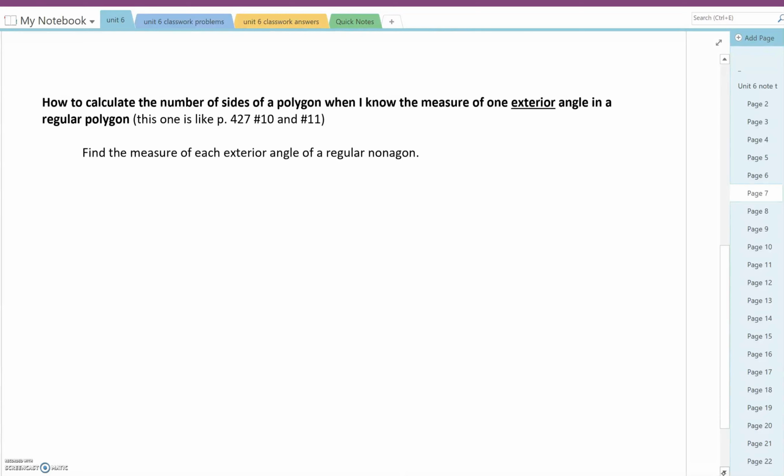Last one. Find the measure of each exterior angle of a regular nonagon. So there's three terms there that are key to solving this problem. First one, nonagon. That just means a 9-sided polygon. So let me try and draw one here.